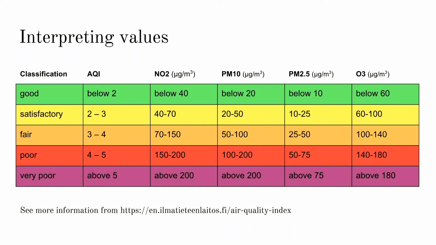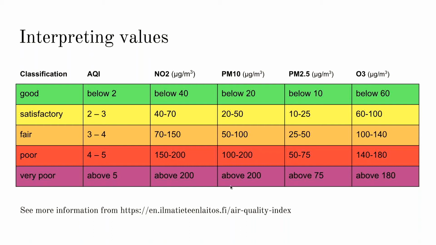And then there are the other categories. For example, an air quality index from 2 to 3 is satisfactory, from 3 to 4 is fair, and so on. Above 5 is very poor. We can see what it means in actual pollutants here.